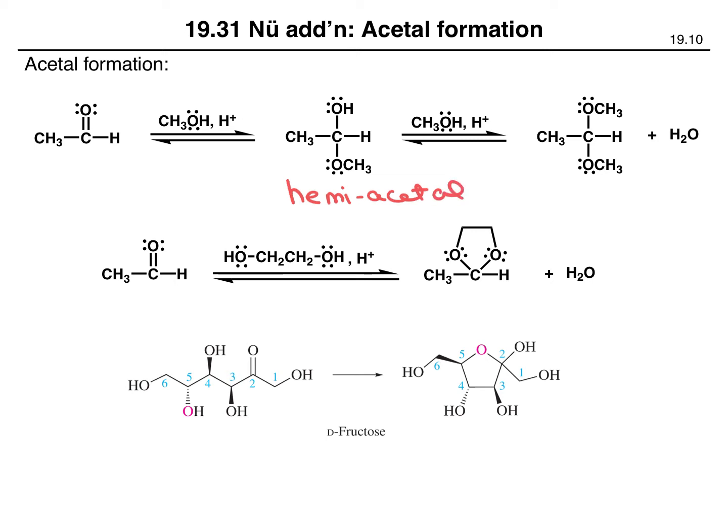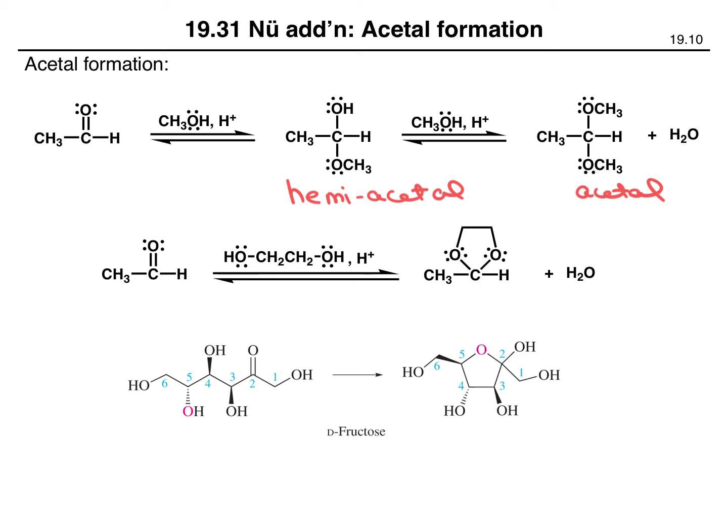The hemiacetal is analogous to the other examples we've seen before of the hydrate or the cyanohydrin. But this will undergo a reaction with another equivalent of alcohol still under acidic conditions to give what's called an acetal.